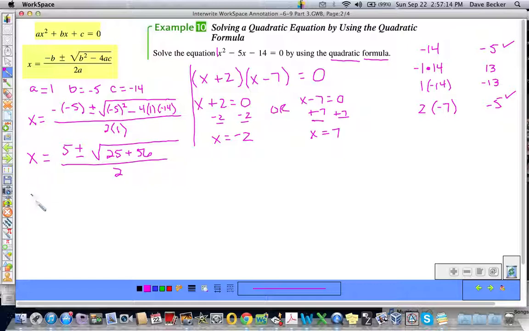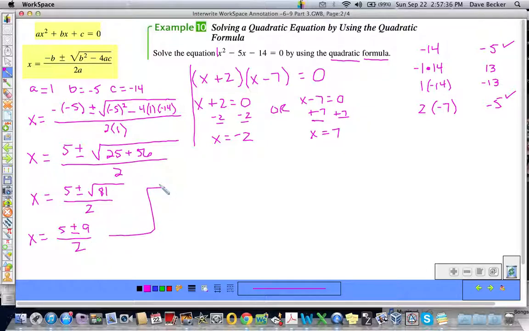All right. So x will equal 5 plus or minus the square root of 25 plus 56 is 81 over 2. So x will equal 5 plus or minus the square root of 81 is 9 over 2.